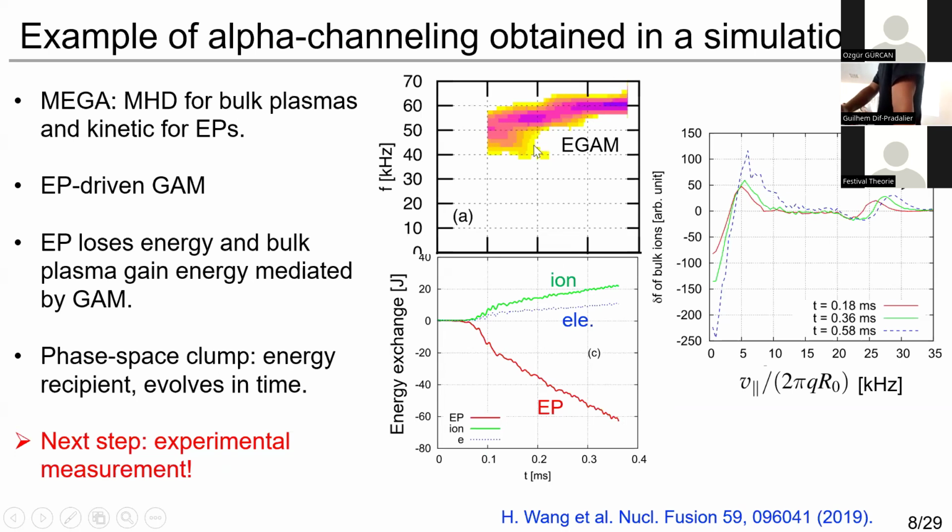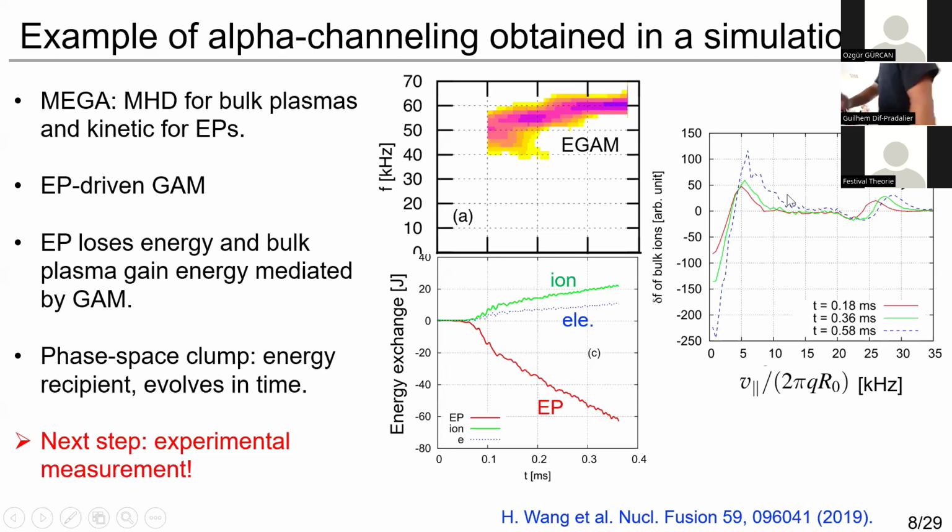Once the energetic particle driven gamma appears, the bottom plot shows the energetic particles lose energy and ions and electrons gain energy. So this is energy exchange between bulk plasma and energetic particles mediated by gamma, mediated by wave. This is one example of energetic particle channeling.